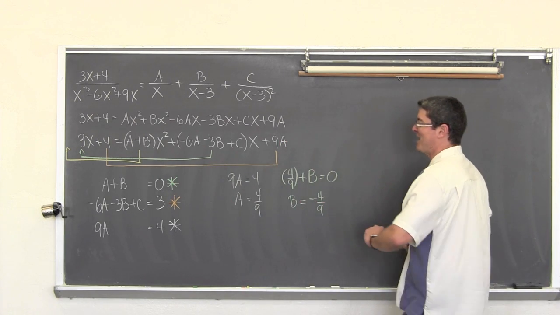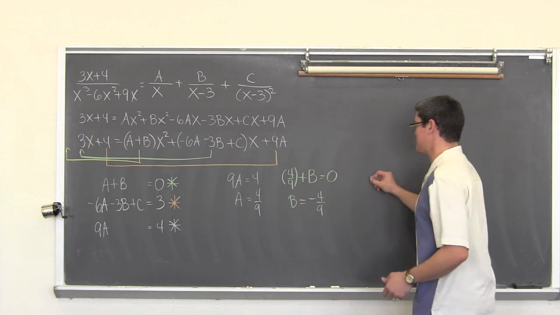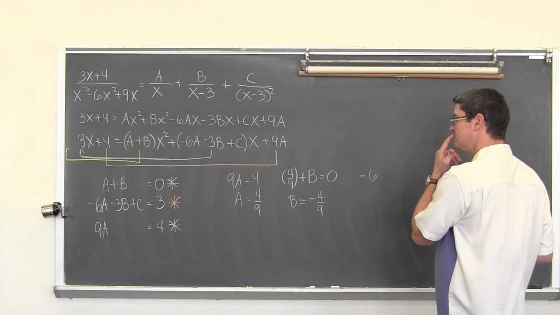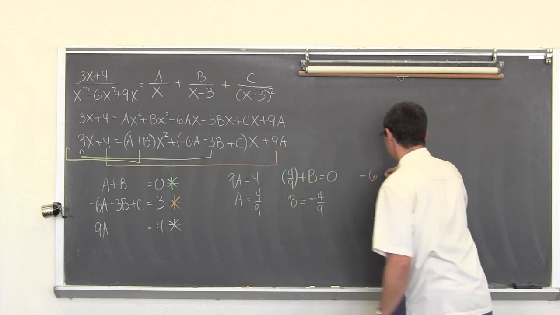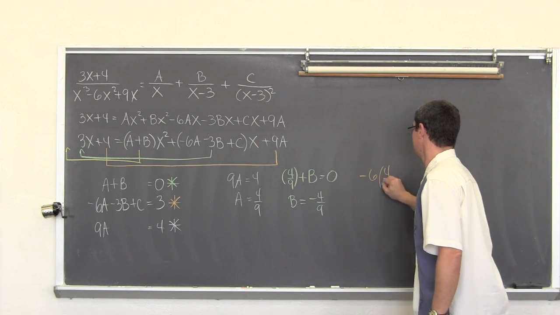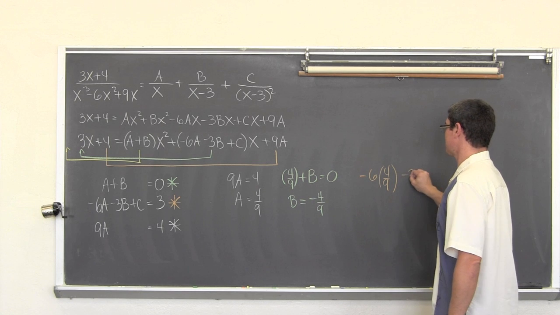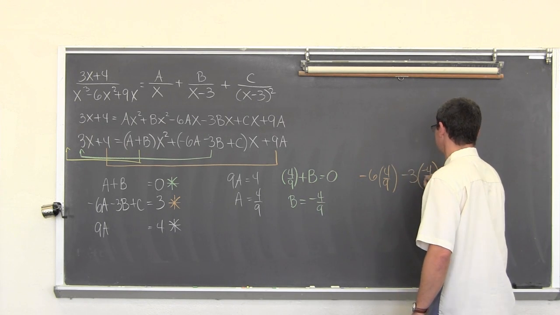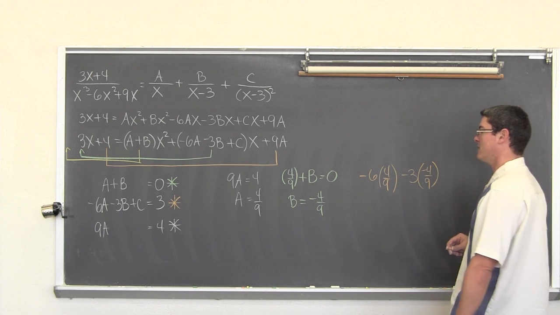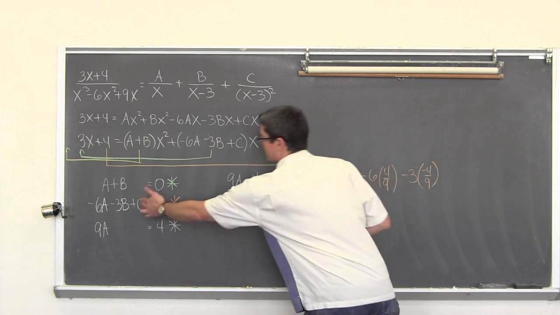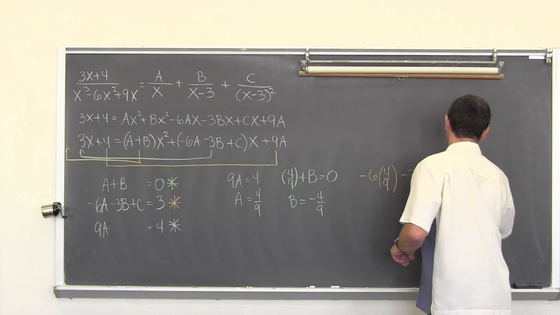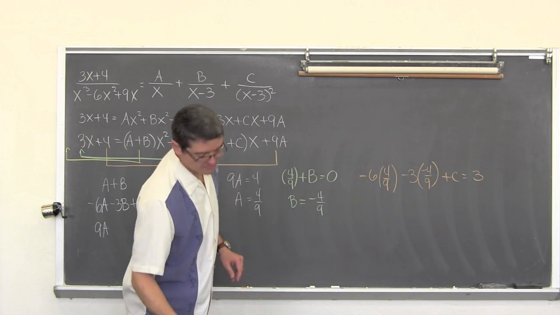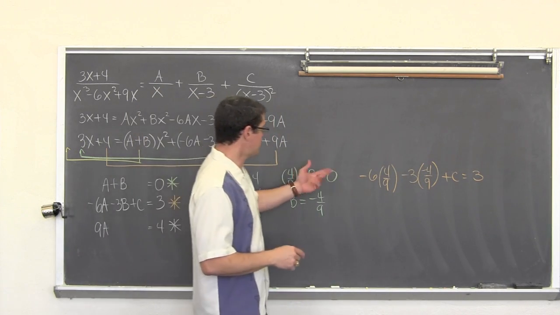Okay? Got it. So we have, let's see, negative 6 times A, which is 4/9, minus 3 times B, which is negative 4/9. And then we have plus C equals 3. And I got some work to do.